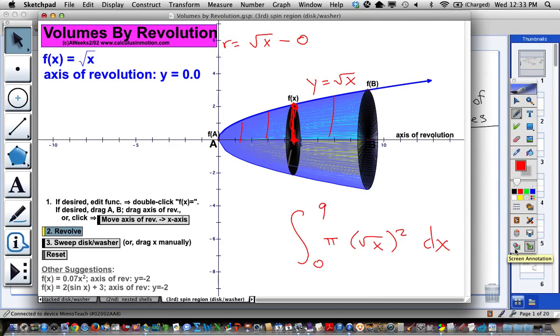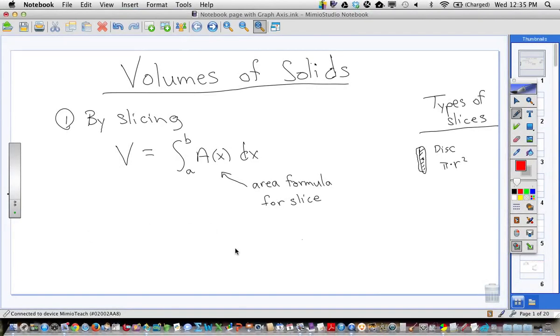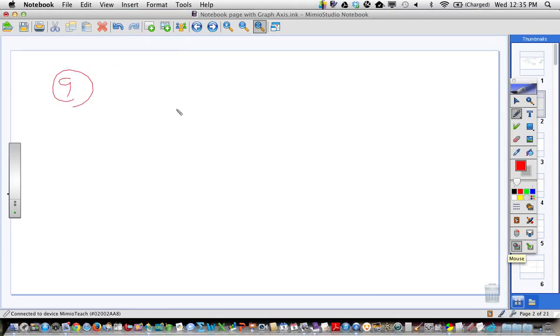So now, if you want to go to number 9, number 9 had this shape, right? And it was telling you to revolve around what? The y-axis. Now up here was this line, and this was the point 2, 4.